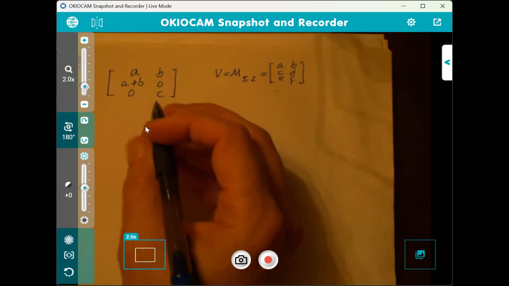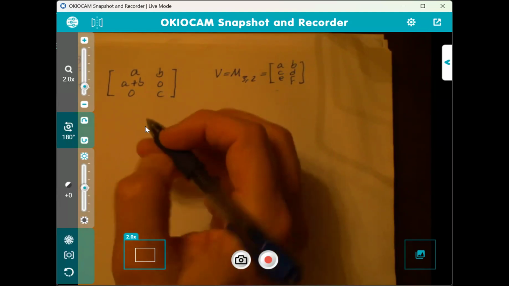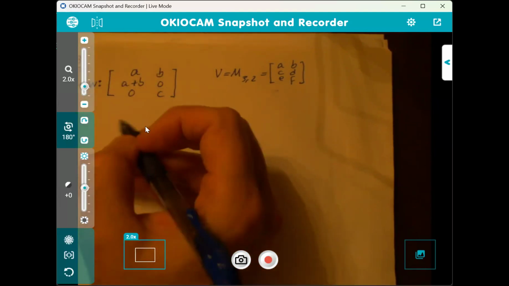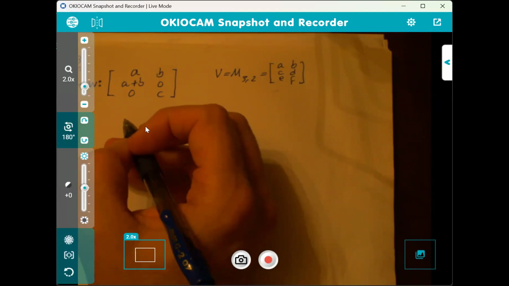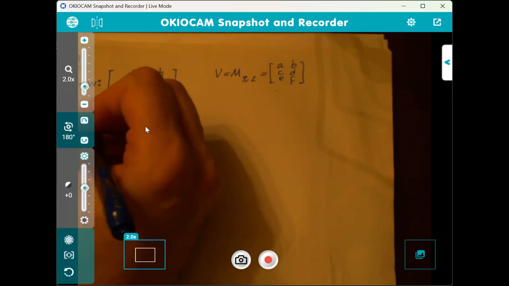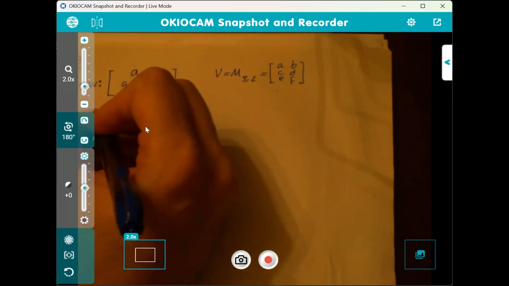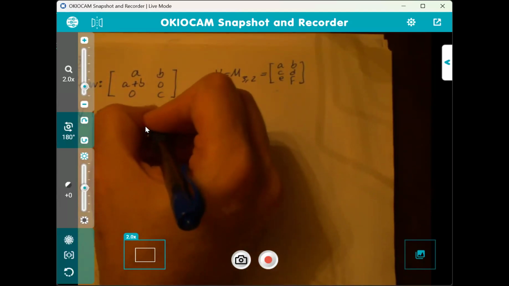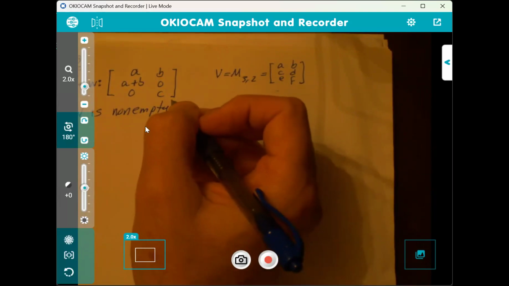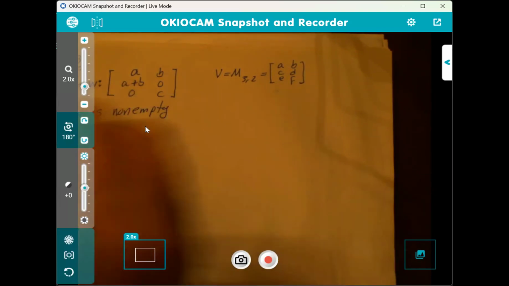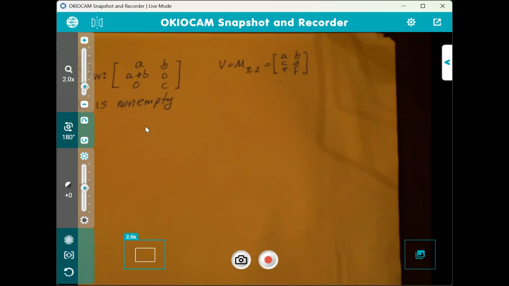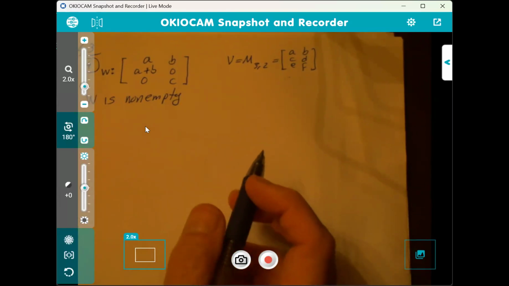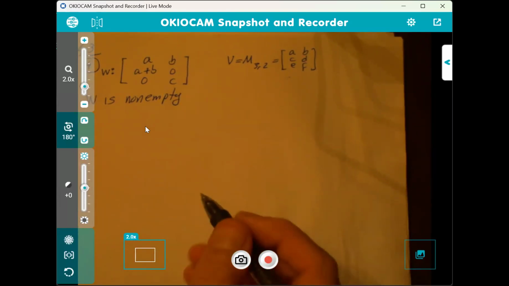So first of all, is the set W non-empty? The first question. W is non-empty. So what should I show that it is not empty? Remember, the non-empty had to do with a 0. In the case of a vector, the 0 vector; now we have to look at in terms of a 0 matrix, a matrix of zeros.